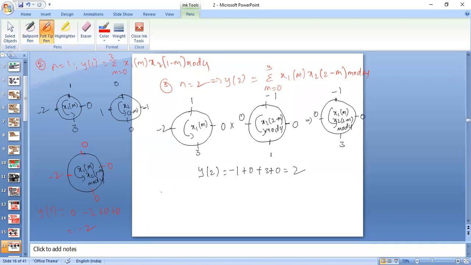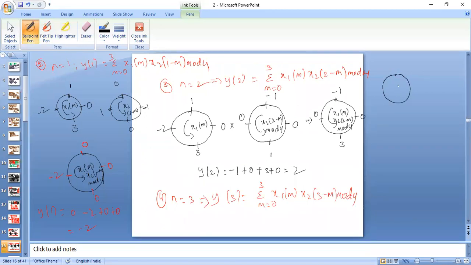So last, let us consider n is equal to 3. y of 3 is equal to sigma m is equal to 0 to 3 x1 of m into x2 of 3 minus m mod 4. So this is x1 of m: 1 minus 2, 3, 0.